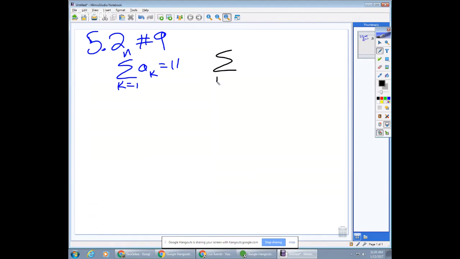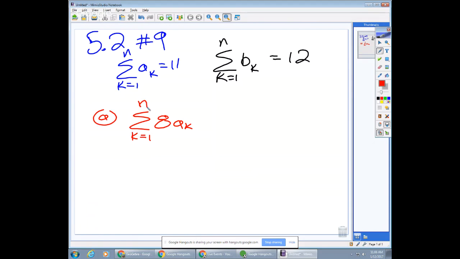And the sum as k goes from 1 to n of b sub k is 12. And then they want me to mess around with some of the properties of sums. So for example, in part A, I'm asked what would the sum of 8 times the a sub k equal?